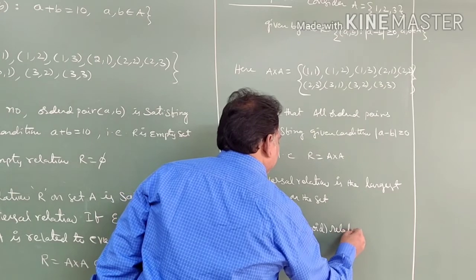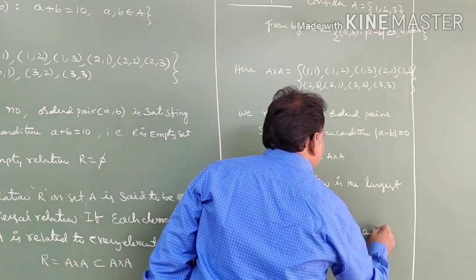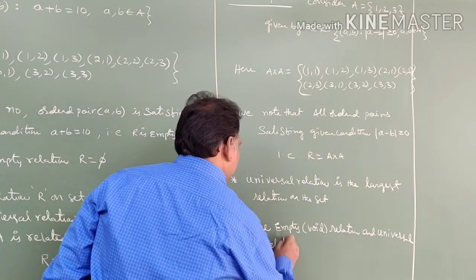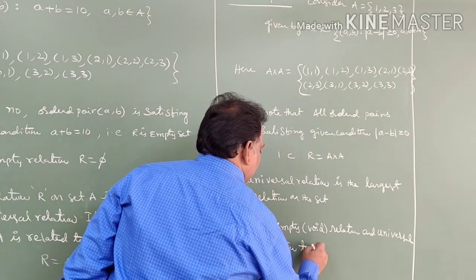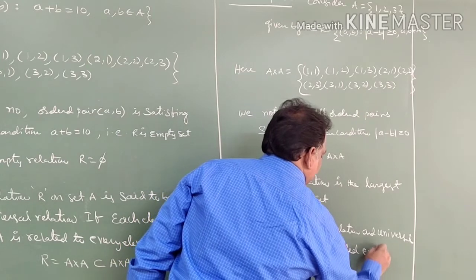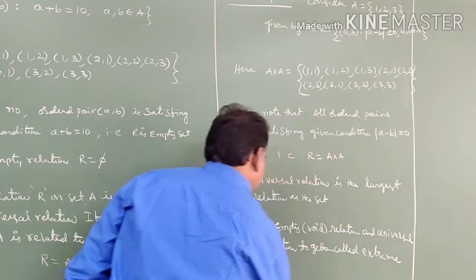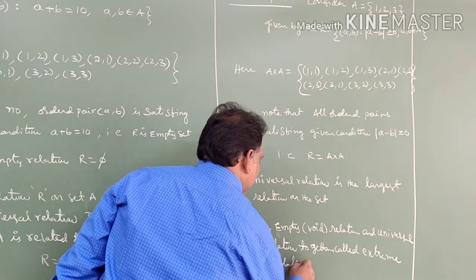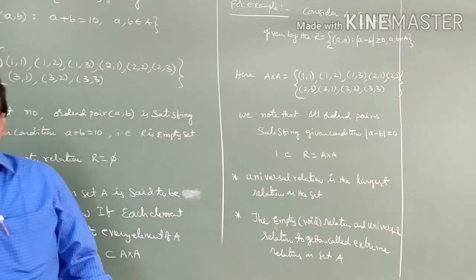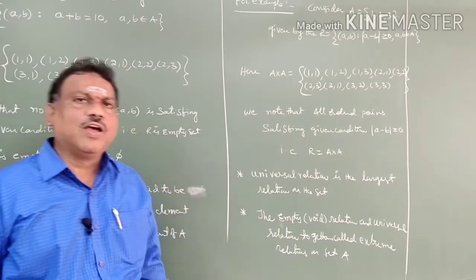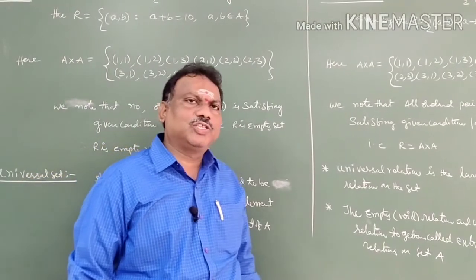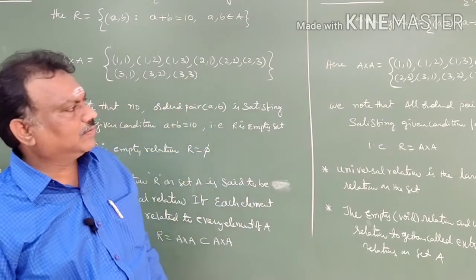The empty relation and universal relation together are called extreme relations on set A. So universal relation and empty relations are called extreme relations. Why? Because one is the smallest and another one is the greatest, and also I told you these together we will call a trivial relation.